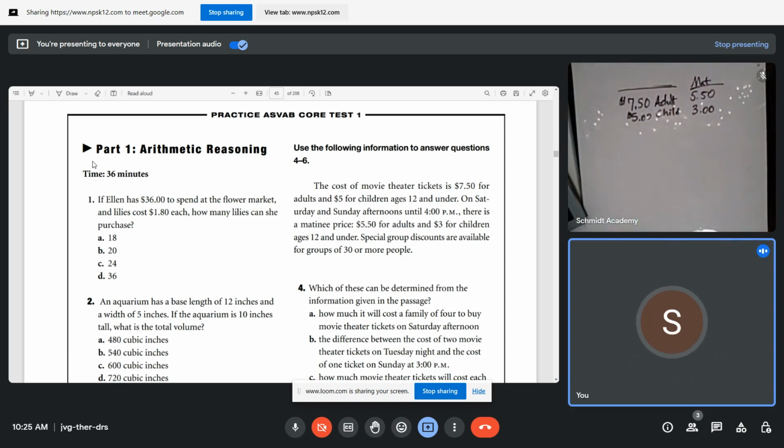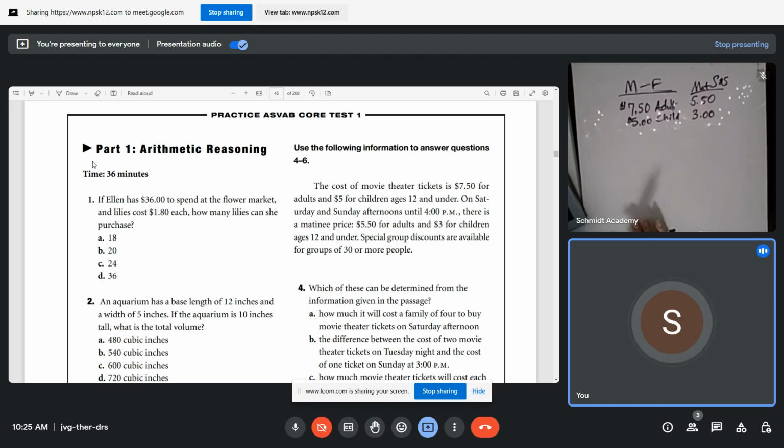On Saturday and Sunday afternoons until 4, there's a matinee. So matinees are Saturday and Sunday. So this tells us this must be Monday, Tuesday, Wednesday, Thursday, and Friday. Okay. So can we tell how much it will cost a family of four to buy movie theater tickets on a Saturday afternoon?